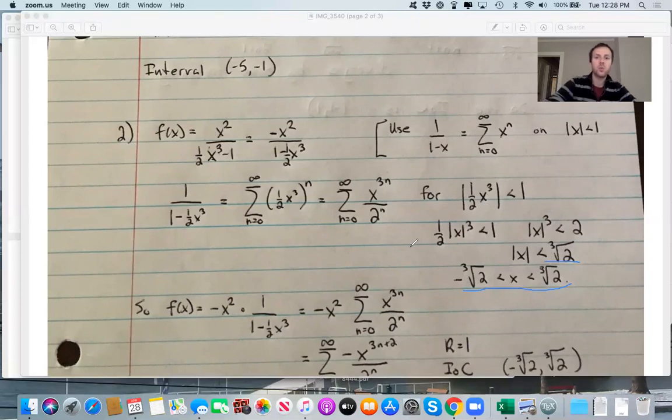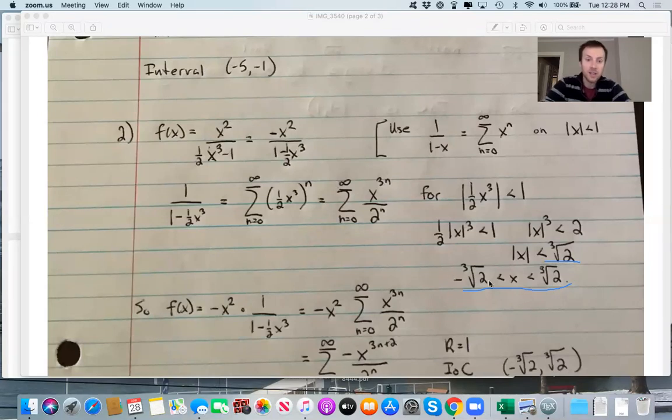And because we started with our geometric series and we substituted something in, the endpoints are also not going to be included. So in the basic geometric series, we don't include 1 and -1. That makes the series diverge. We also don't include the endpoints at this stage right here.